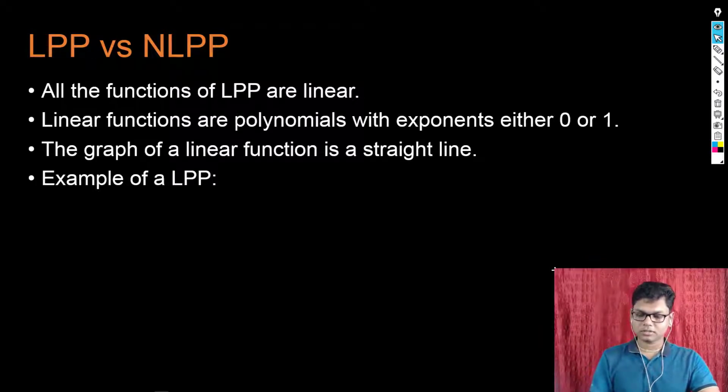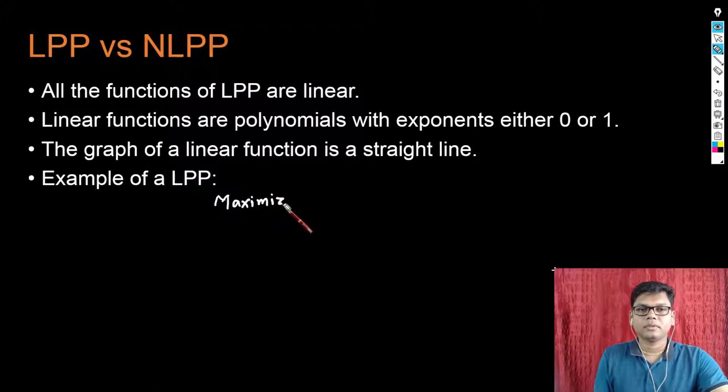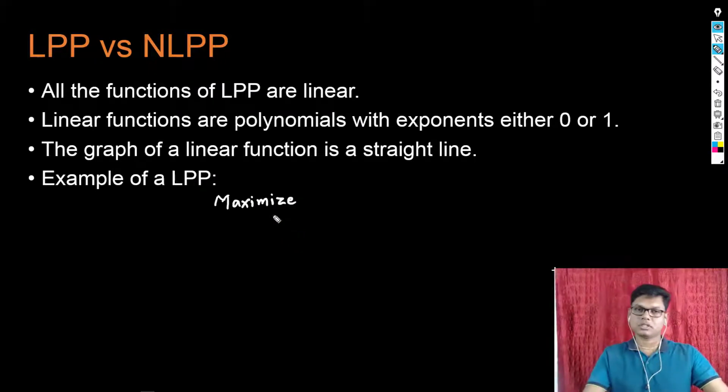So let's see one example. We can see the example of a linear programming problem. Like I told, all the functions of the linear programming problem will be linear functions. So generally in a linear programming problem, we have two types of functions.